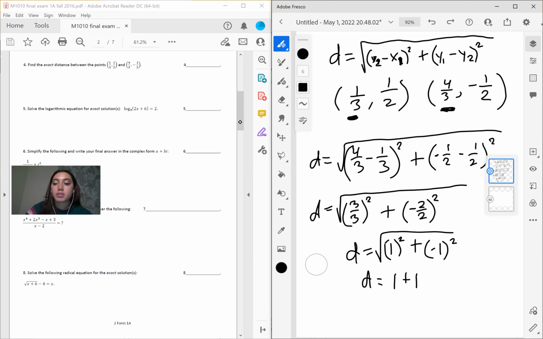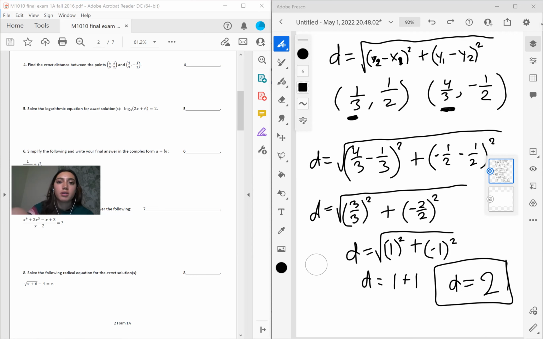No, plus, because negative 1 squared is 1. Okay, and then that would be distance is 2 units. I'm going to double check that just because that looks a little funny to me. Let's see, that was number 4. Square root of 2. That's right. Okay.